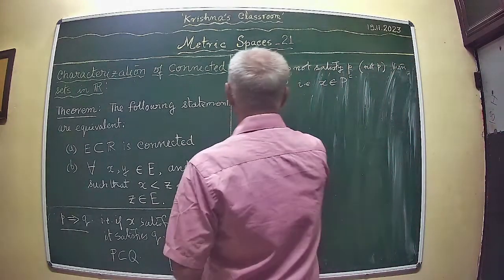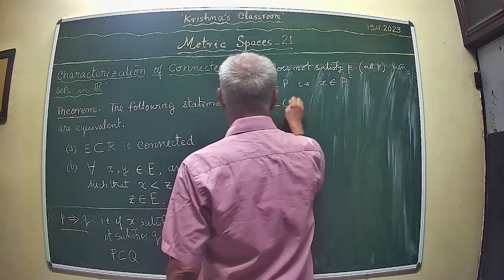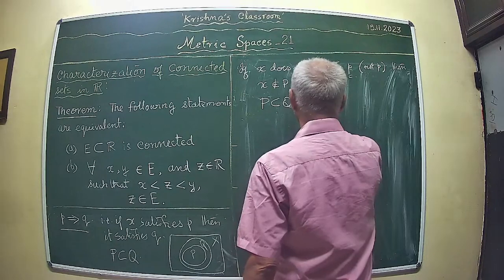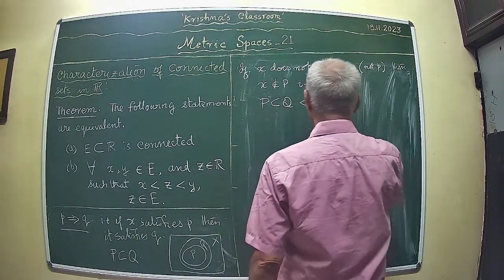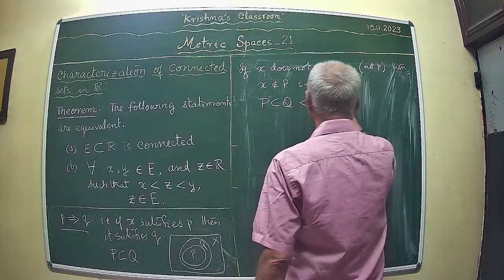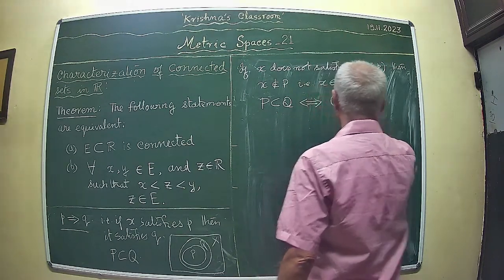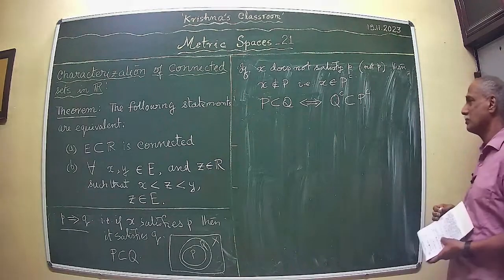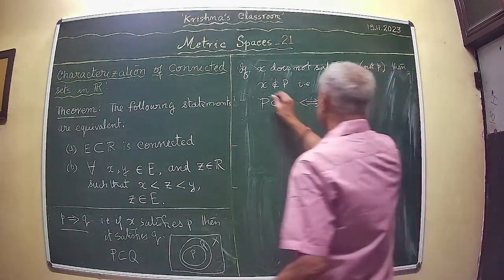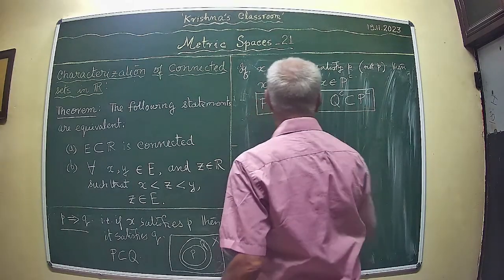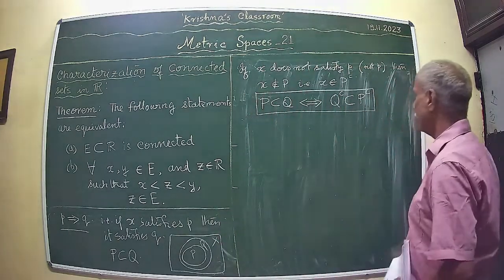So suppose P is contained in Q, this is equivalent to saying that Q complement is contained in P complement. Okay, P contained in Q implies Q complement is contained in P complement. Now translate this.